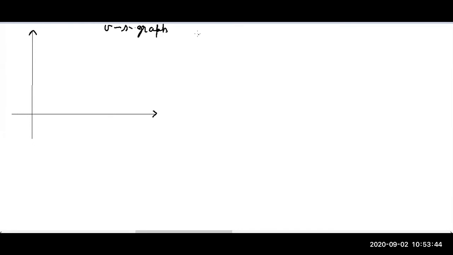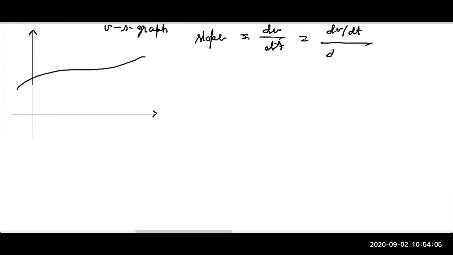First we will see the slope. Suppose this is the VS graph. Slope will be dv by ds. So dv by ds, if you simplify it, you can write it as dv by dt over ds by dt, which is the same as a by v. So the slope of the VS graph gives the ratio of acceleration to velocity.